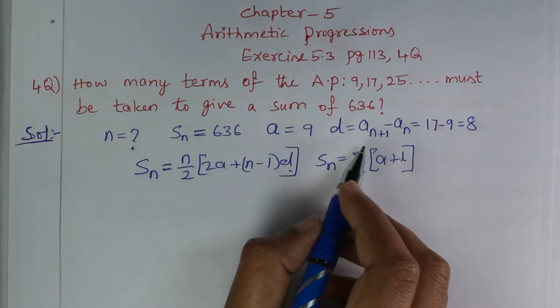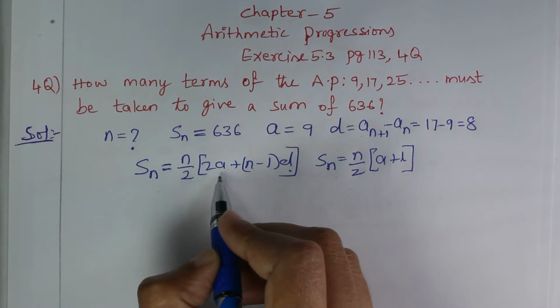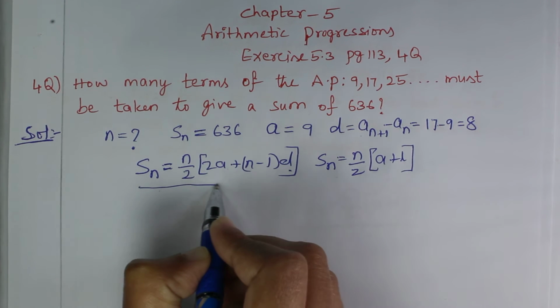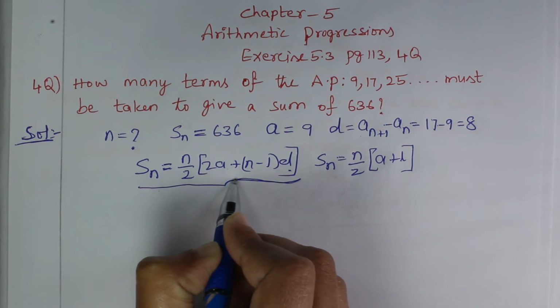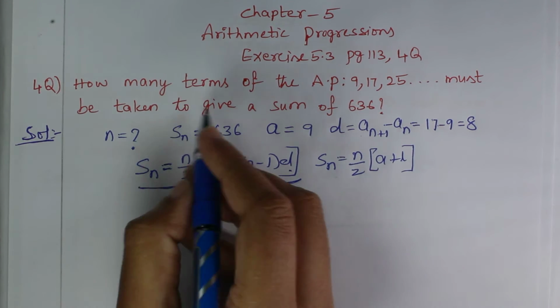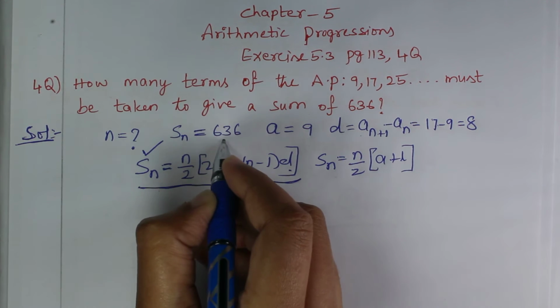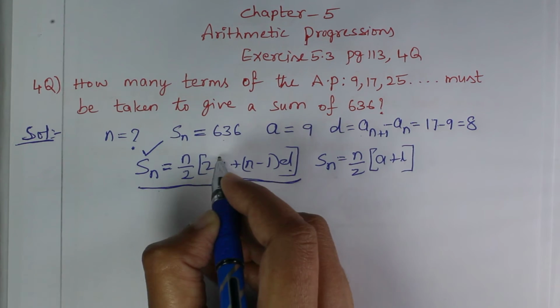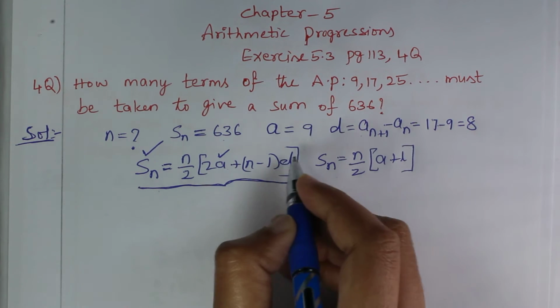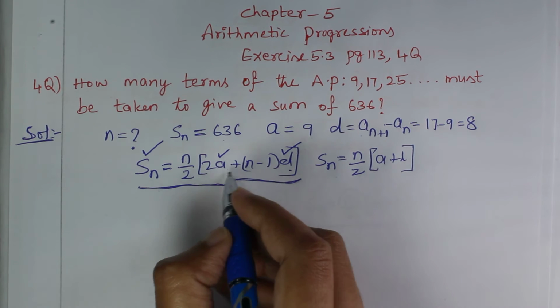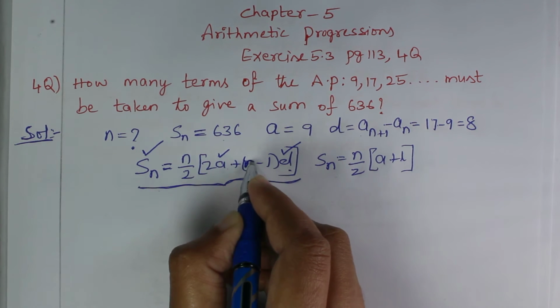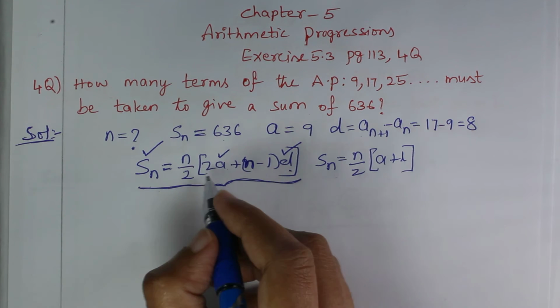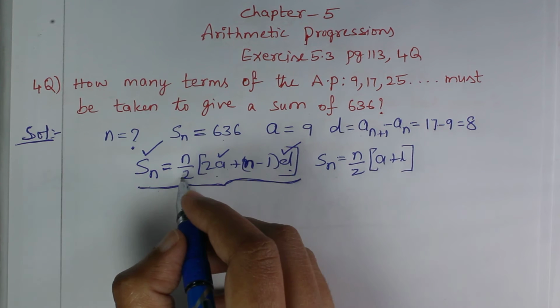Because in this problem we do not know the last term, we are going to use the first equation for solving this problem. In this equation I have the value of Sn, which is 636, the value of a, 9, and the common difference d is equal to 8, and I have to find the value of n. Now I will substitute the values of Sn, a and d in this equation and solve for n.